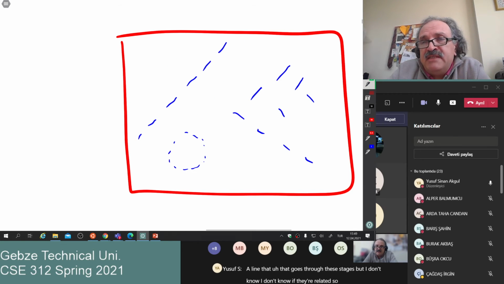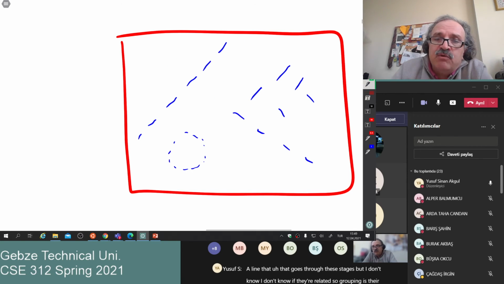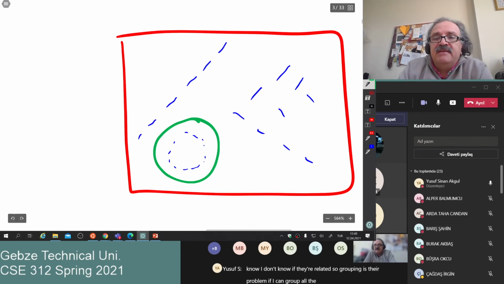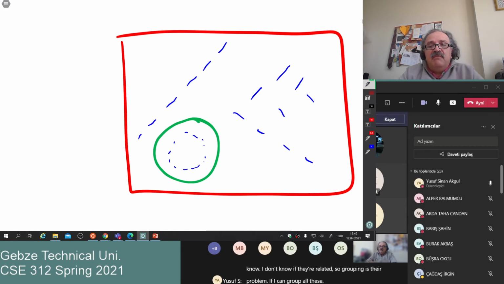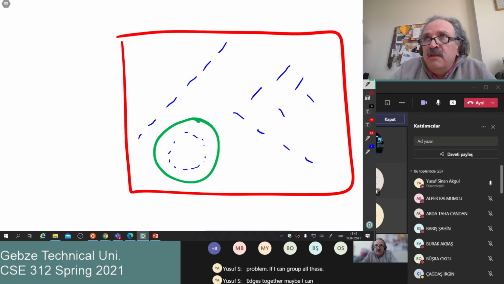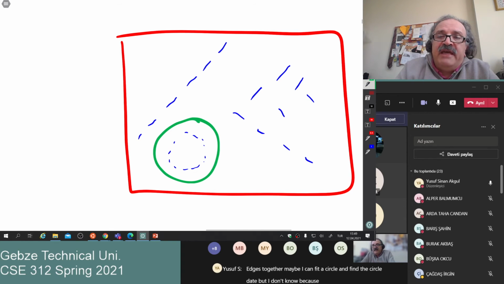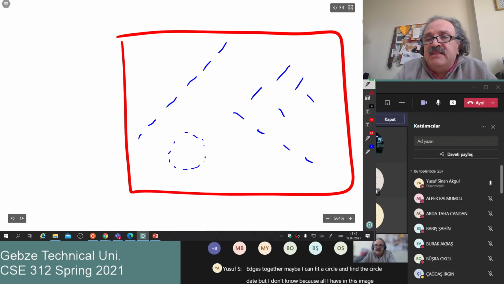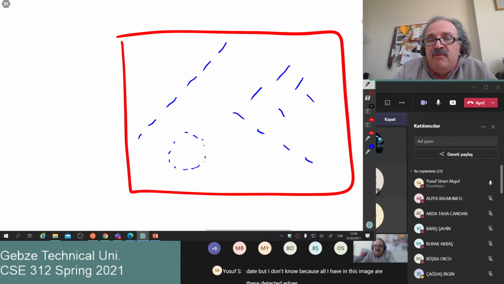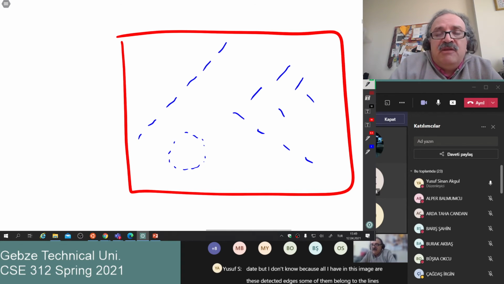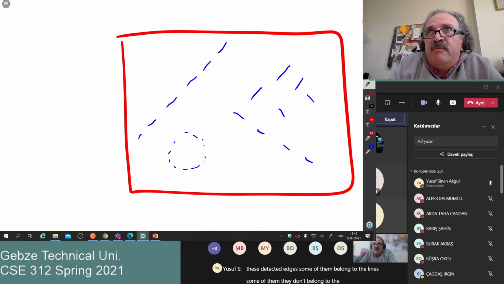So grouping is a problem. If I can group all these edges together, maybe I can fit a circle and find the circle to it, but I don't know, because all I have in this image are these detected edges. Some of them belong to the lines, some of them don't belong to the lines, some of them are from the noise, etc.